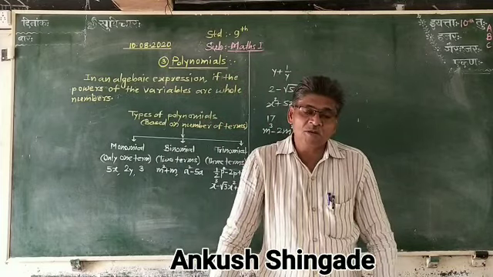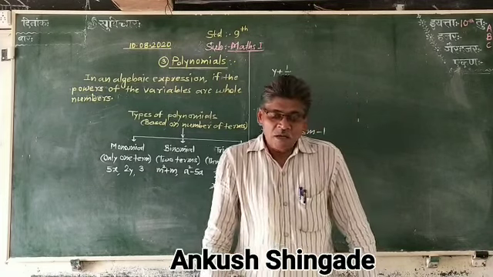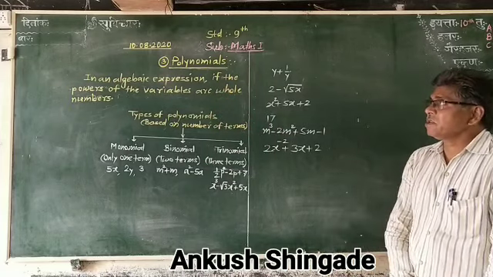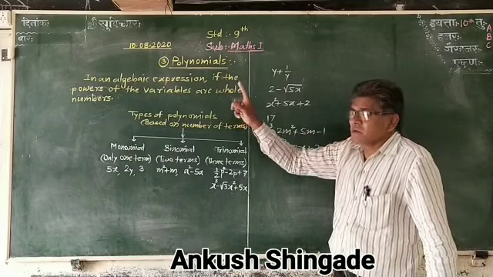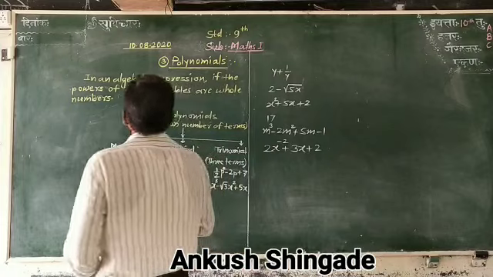Then what is the definition of polynomial? Here the definition of polynomial is given. In an algebraic expression, if the powers of the variables are whole numbers, it is very important.